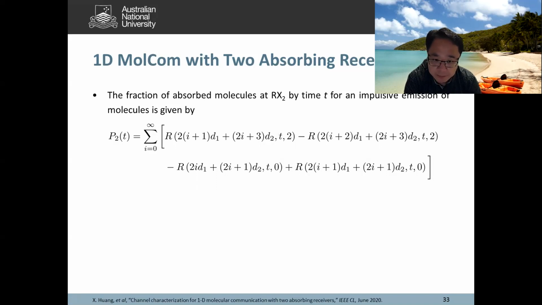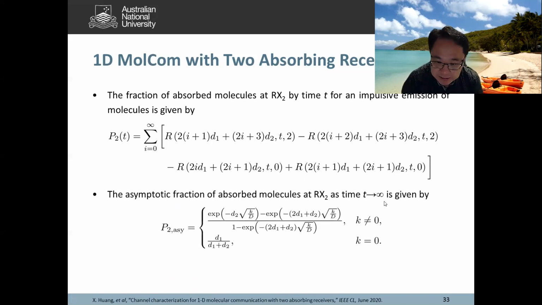Again, in our letter, we provide the derivation of this expression as well as the definition of this function R. R is a function that has a specific and somewhat complicated expression.